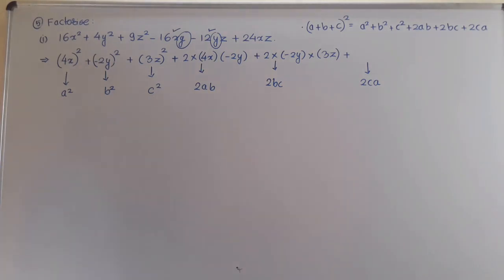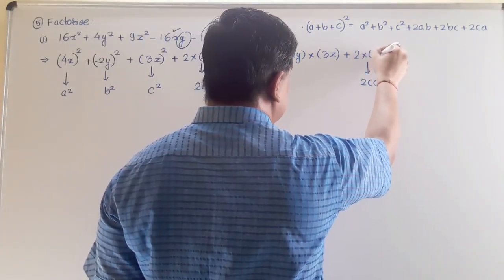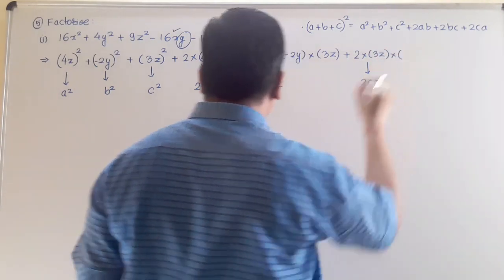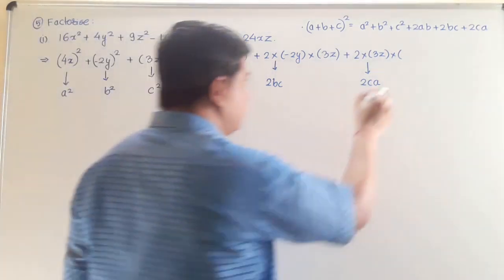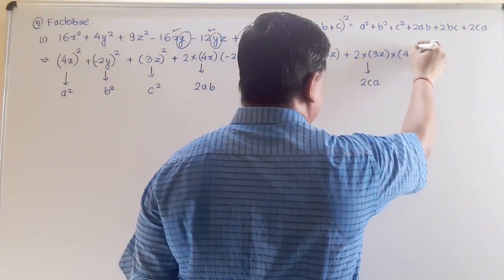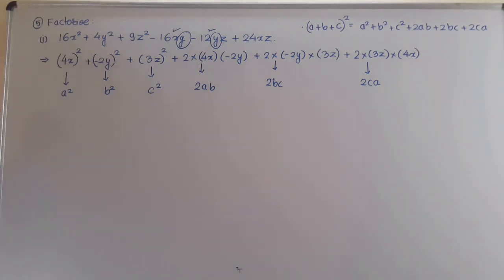So c will be equal to 3z. So 2 into 3z, and a will be equal to the value of a I have here, 4x. So that will be 4x. Okay, you can cross check the last term whether you get it or not. 2 into 3, 6. 6 into 4, 24. 24zx. So the same I am getting here, 24xz.